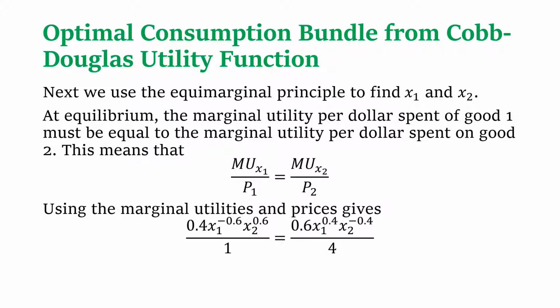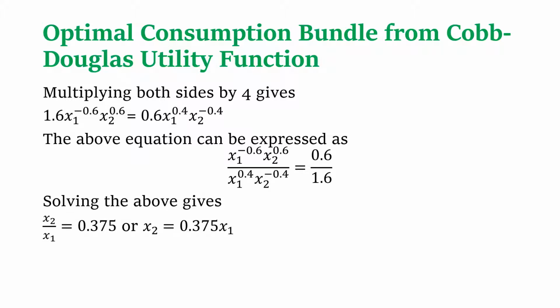Now using the marginal utilities and prices, this gives us what? MUx1 is 0.4 x1 to the minus 0.6 x2 to the 0.6 divided by 1, and this equals 0.6 x1 to the 0.4 x2 to the minus 0.4 divided by 4, right? Once we have that, all we do is multiply both sides by 4. This gives us 1.6 x1 to the minus 0.6 x2 to the 0.6 equals 0.6 x1 to the 0.4 x2 to the minus 0.4.